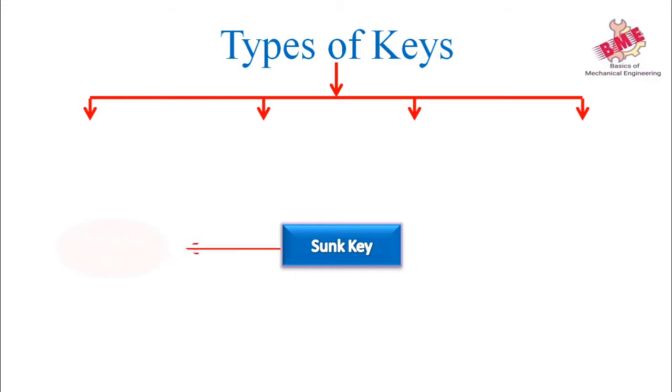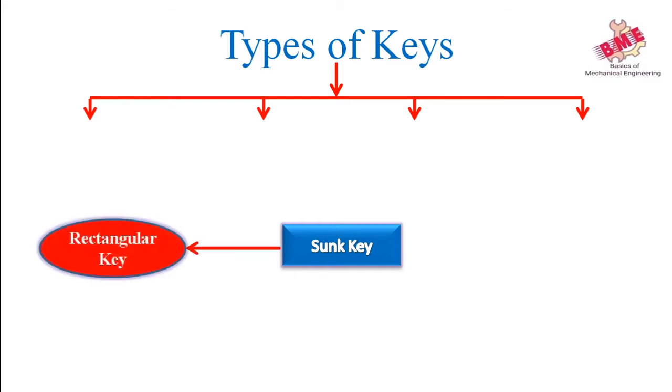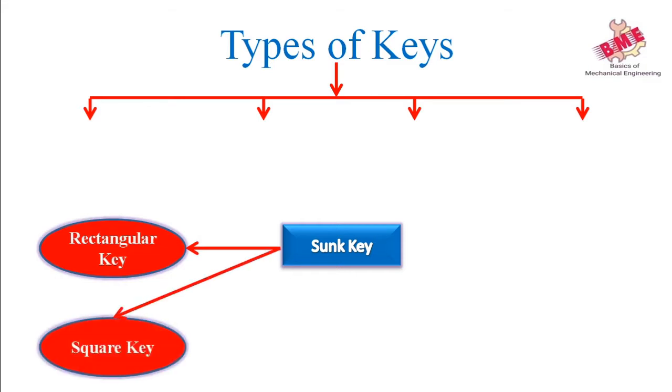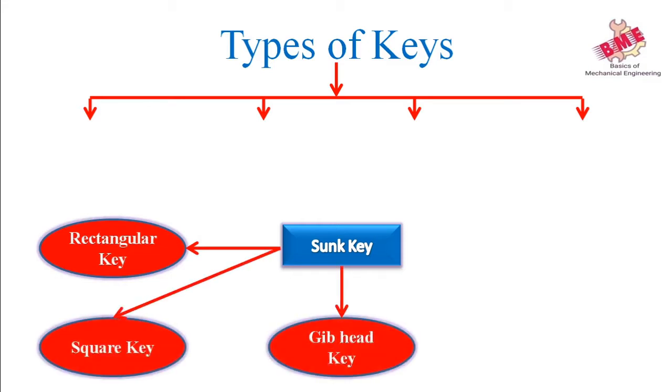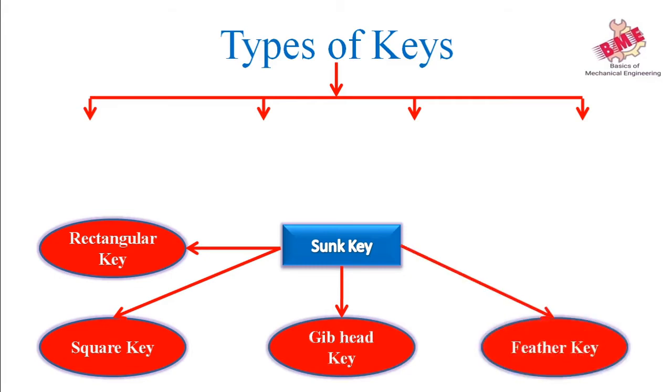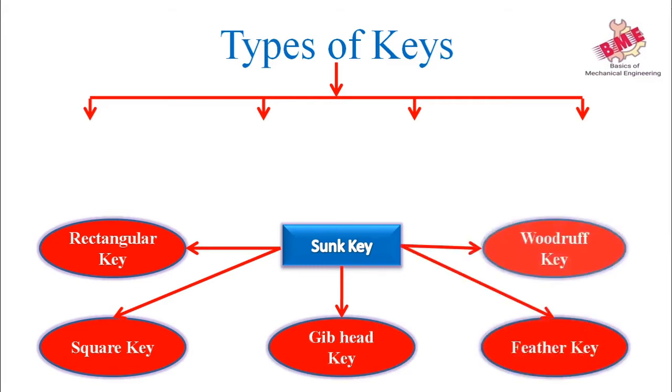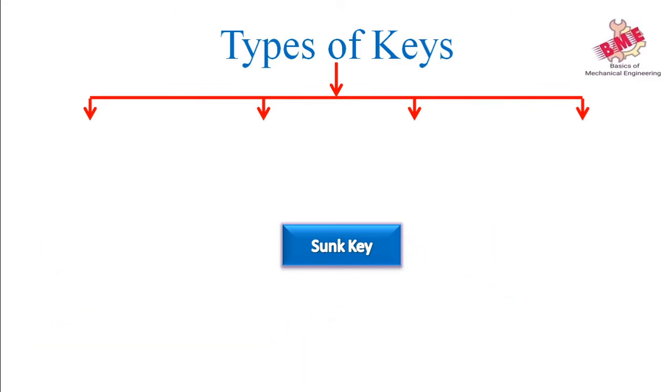In that, first one is rectangular key, second one is square sunk key, third one is gib headed key, fourth one is feather key and last one is woodruff key. We will see this one by one in next slides.